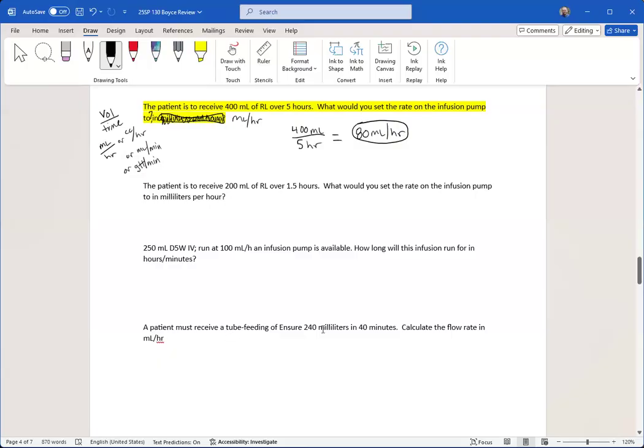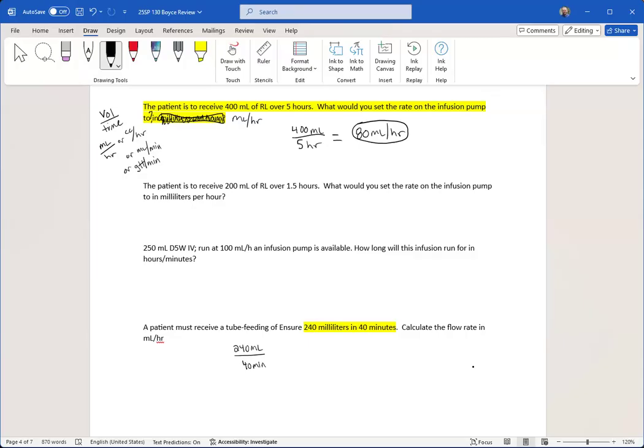You might get a question where they give you the flow rate information in minutes. But I'm still going to treat this the same way. I'm going to say I have 240 milliliters, 40 minutes. Now, again, when we're calculating flow rate, we don't want milliliters per minute.